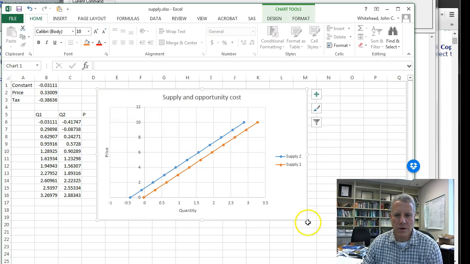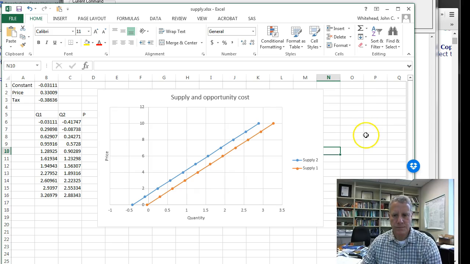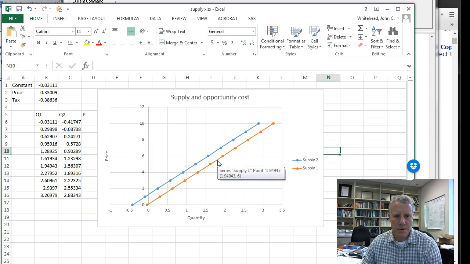And so what we get is this supply and opportunity cost graph. This is the supply curve that is generated by your data and then estimated in a regression model. So we have a nice straight line supply curve. Okay, supply 1 is when you were given allowances, and supply 2, the blue line, is when you were taxed.